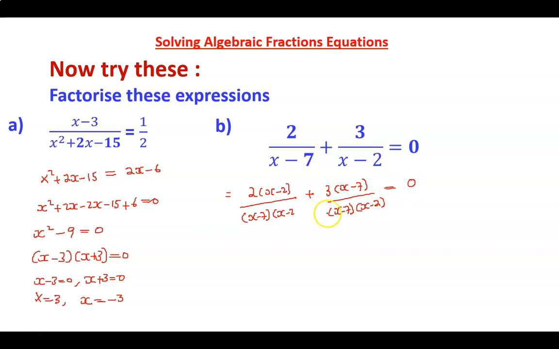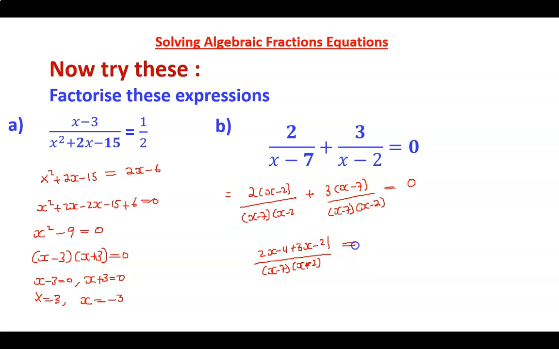That's the whole point. Because I got the two denominators the same, I can take one of them and I can add the two numerators. Fine. Expand this one, that gives you 2x minus 4. And if you expand the other one, that gives you plus 3x minus 21.